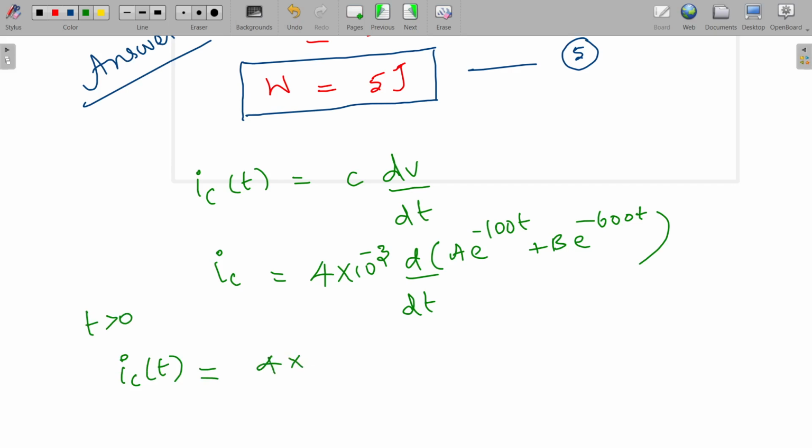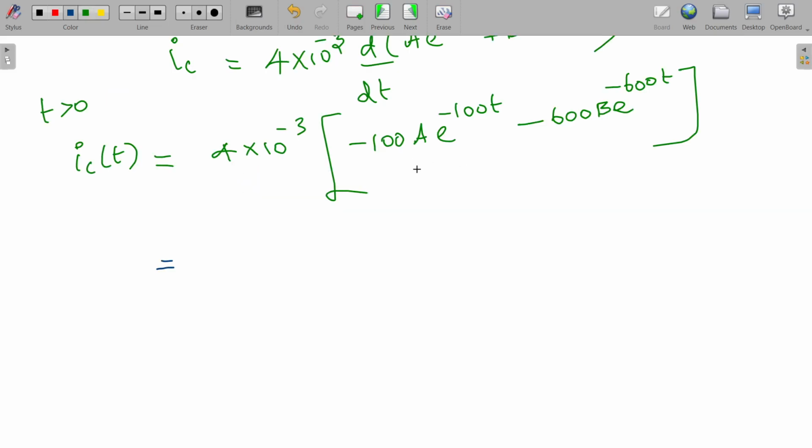So 4 into 10 power minus 3, then differentiation yields minus 100A into e power minus 100t minus 600B into e power minus 600t. When you multiply these terms with 4 into 10 power minus 3, it becomes minus 0.4.